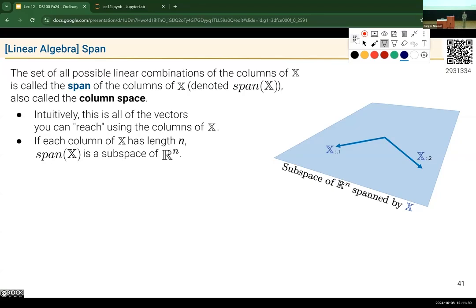I would not be able to reach any point above this floor with these two vectors. So in three-dimensional space, the span of X is a subspace of R3, because if you assume they're flat, there's no way I can calculate a weighted combination of these two vectors to achieve a position or vector right here. There's no way they can give me this Z dimension, because they don't have a Z dimension in a sense.